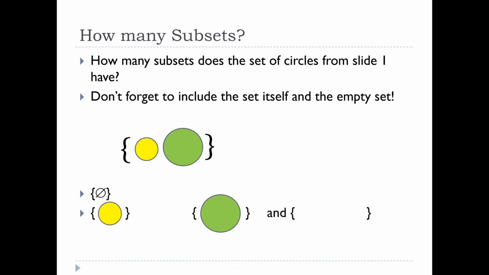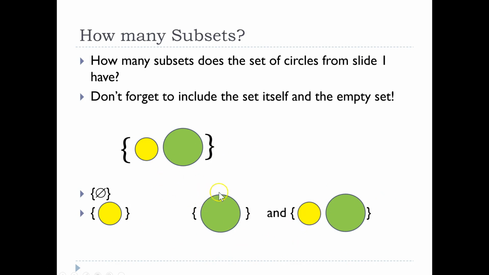Well, the yellow circle all alone is a subset of yellow circle, green circle. And green circle all alone is a subset of these 2. And what else? Think about it for a second. The set itself is a subset. So how many subsets does this have? I see 1, 2, 3, 4 subsets.